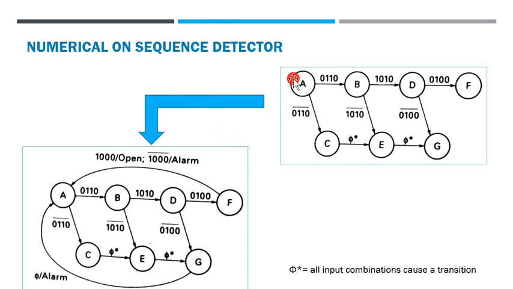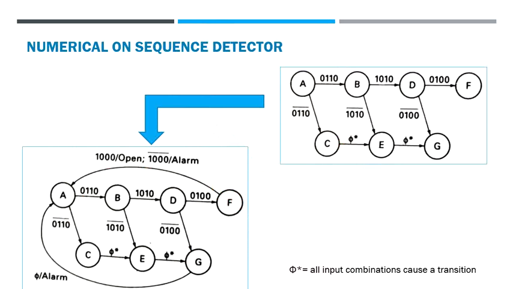So in general, a pattern detector like this can be used as an electronic combination lock that will open when the correct combination is received and turns on an alarm if an incorrect combination is tried.